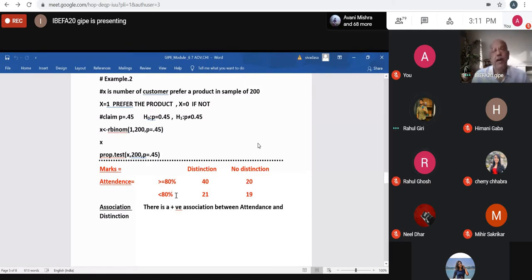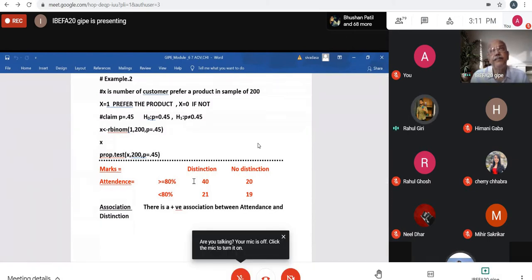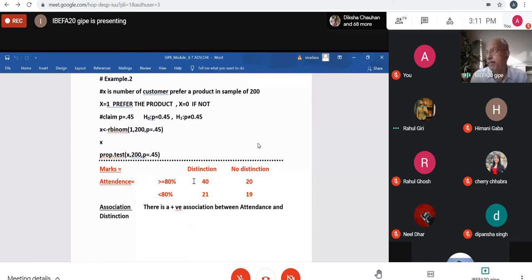Correct. What is the probability that the student has attendance more than 80? So 60 by 100. What is the probability that a student has attendance greater than 80% and distinction? So 40 by 100. Given that the student has 80% above attendance, what is the probability of distinction? 40 by 60.